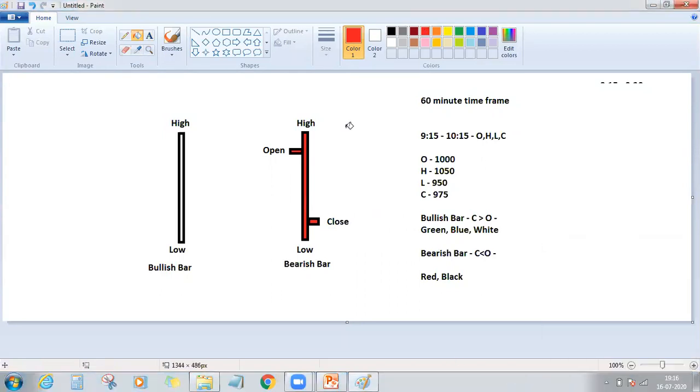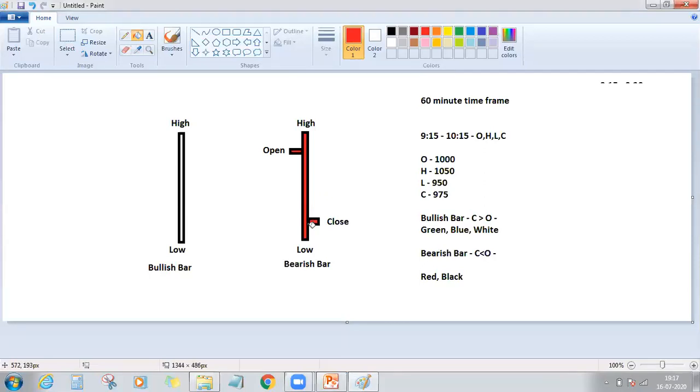Now going forward, you need not look at the prices at all. Just by looking at the color, whenever you open a charting platform, just by looking at the color of the bar, you should be able to say in that 1 hour or in that 5 minutes, how did the price behave? Was it bullish or was it bearish?